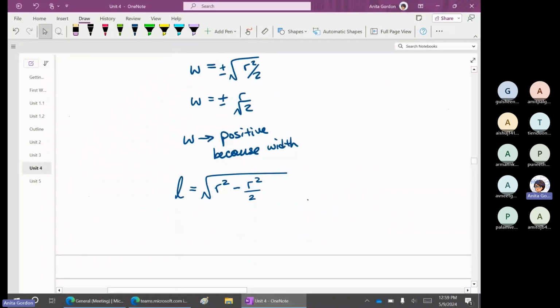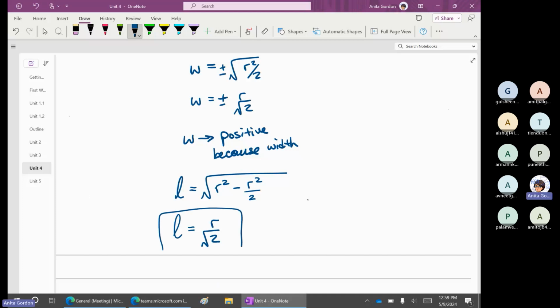Oopsie, L is the square root of 1R squared minus half an R squared. Half an R squared, so R over root 2.